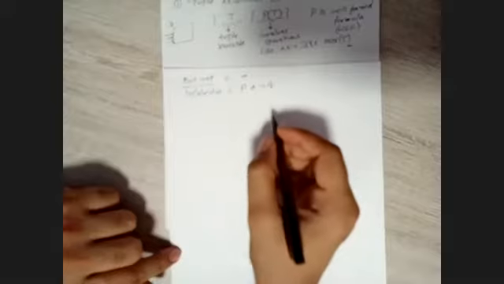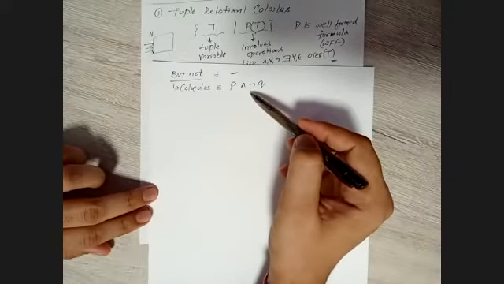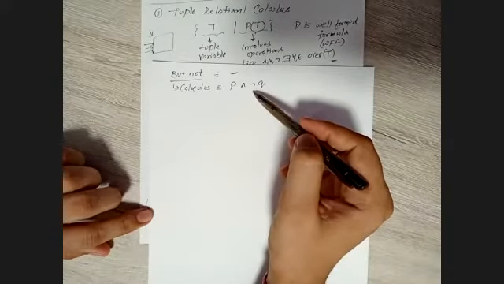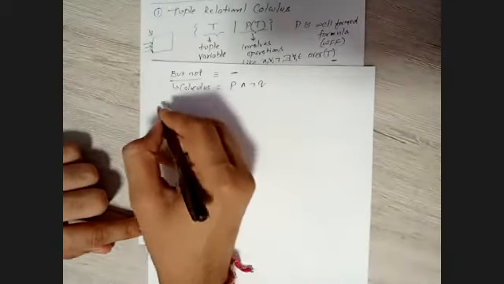So in calculus, we write P but not Q as P and negation Q. I'm just writing some examples here.